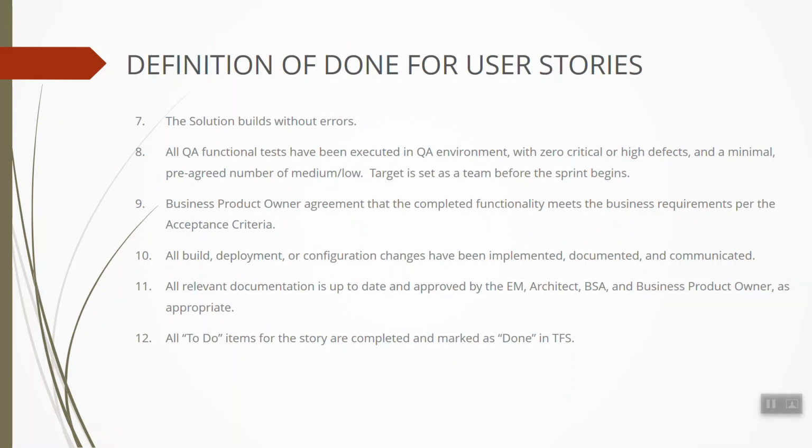This again depends on the organization and process, and the business owners and the product owner have come to an agreement. The target is set at a team level before the sprint begins.